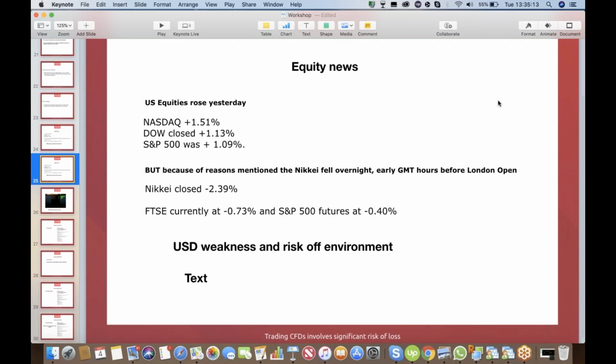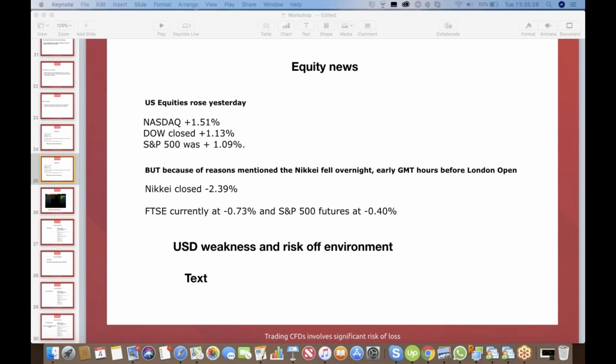In a risk-off environment, what currencies would we expect to see being bought? Have a look.